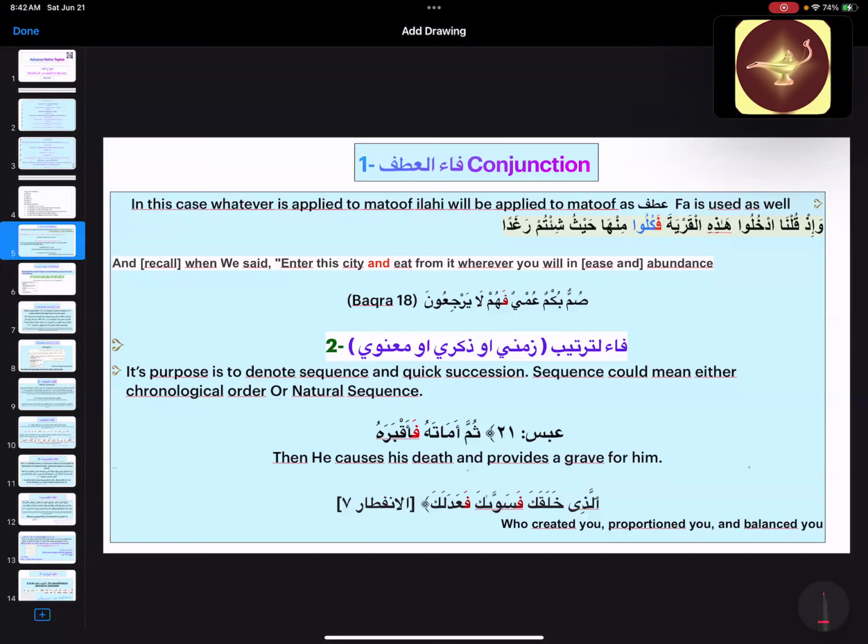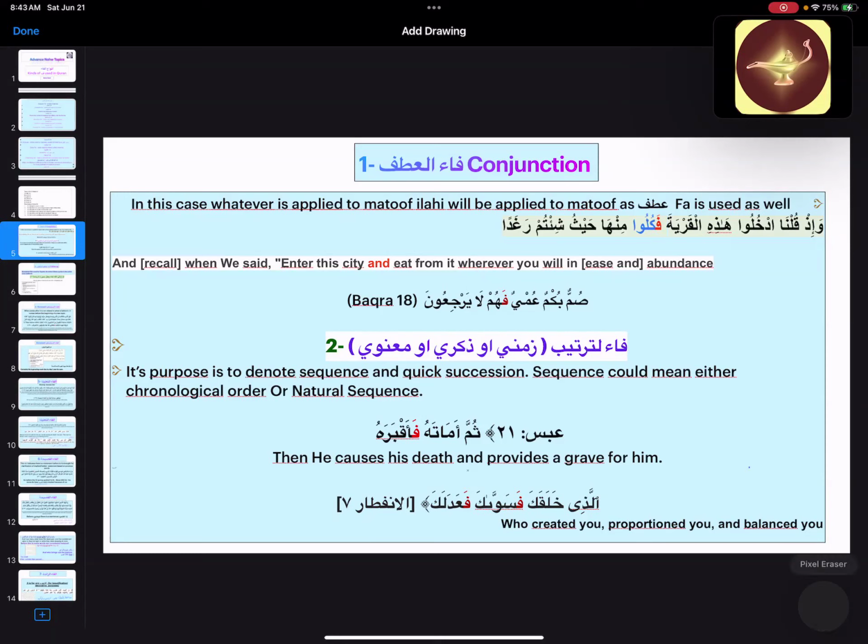This is talking about Bani Israel, when Allah subhanahu wa ta'ala commanded them to enter the city, and then fakulu minha haythu shi'tum ragadan. So then in that city, just eat freely. Wherever you go, whatever you find, you can eat it. No restriction for you.